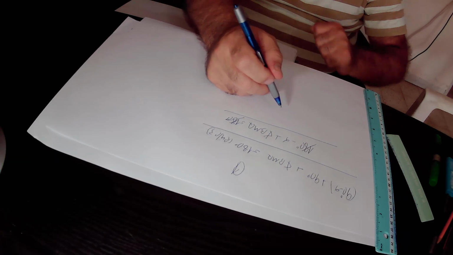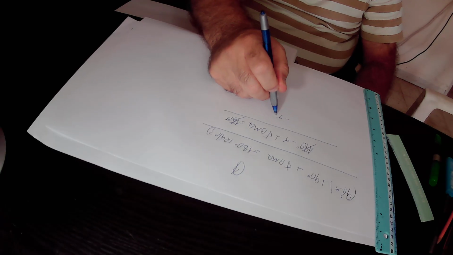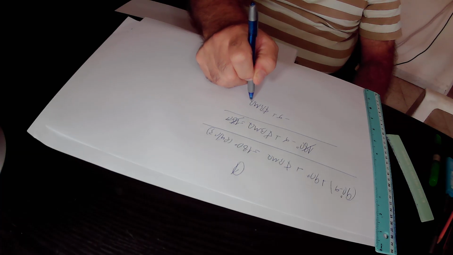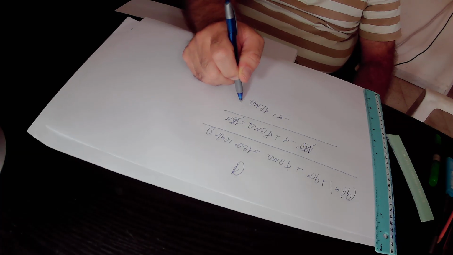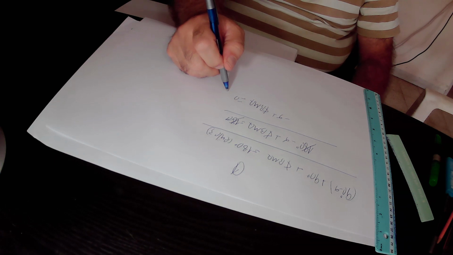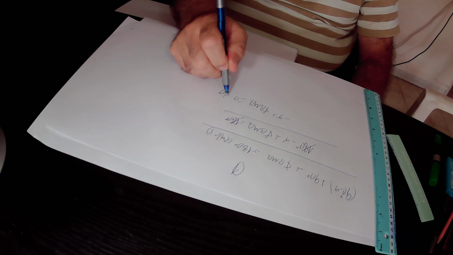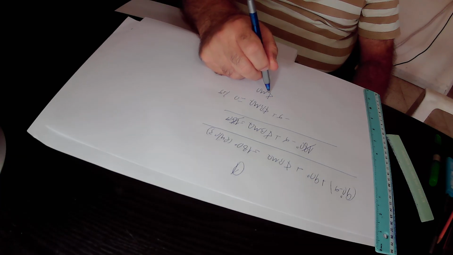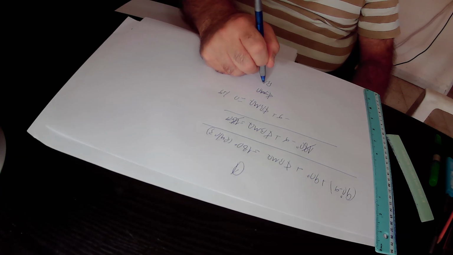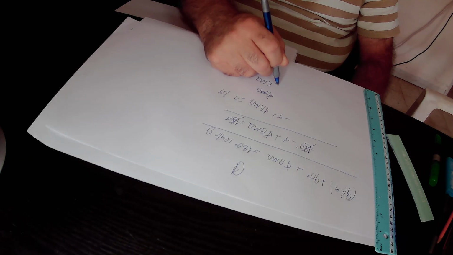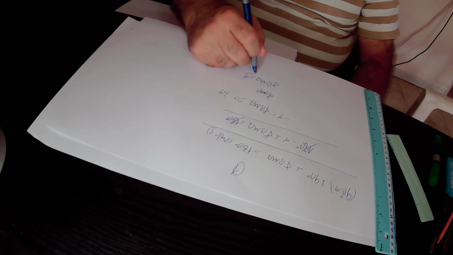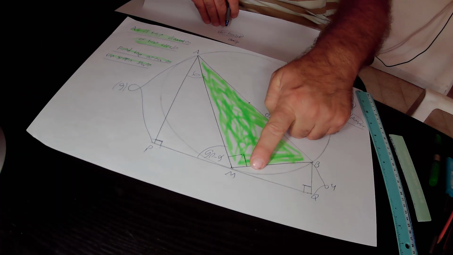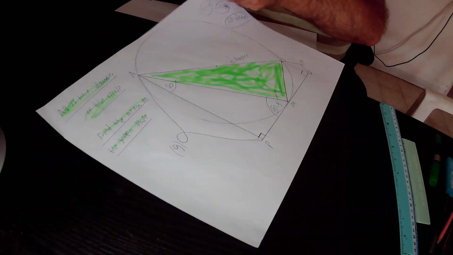And we are left only with minus alpha plus the missing angle BMQ equal to 0. Here we add alpha to the equation and we get that the missing angle BMQ equals alpha. Okay, this is the missing angle BMQ that equals alpha.